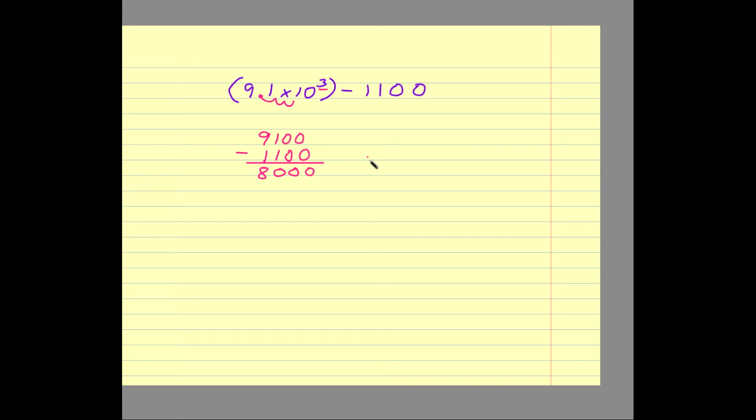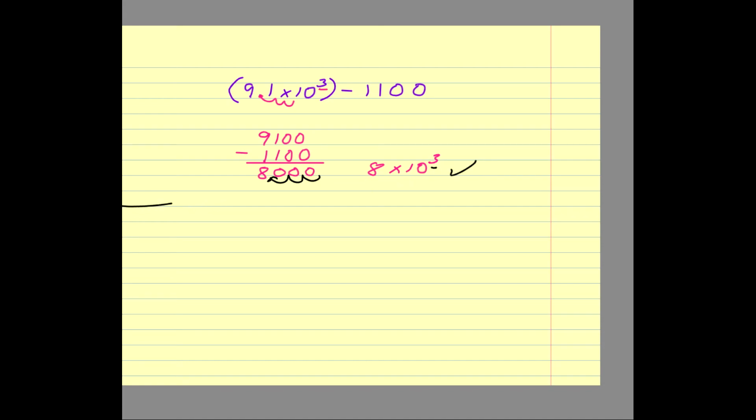And if you convert that to scientific notation, you'd have 8 times 10 to what power? Third power. How did I get the third power? I made sure that I counted my decimal places. 1, 2, 3. My decimal will go there. So therefore, I have to have a 3 in my exponent. That's my answer. But obviously, that is the easy way, and that works. You can do it that way.